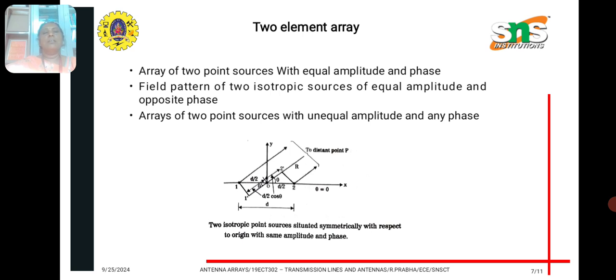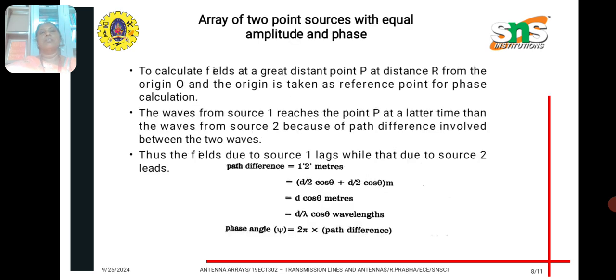So, the distance from the origin to each individual antenna is d by 2. If we consider the diagram, the field due to antenna 2 leads that of antenna 1 because of the phase difference between antenna 1 and 2.